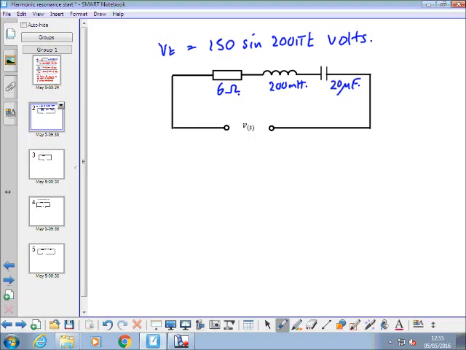Right, so we're going to briefly have a look at a circuit with just a plain applied voltage, no harmonic to start with. What's this topic called then? This is AC theory for us, still AC circuit analysis.